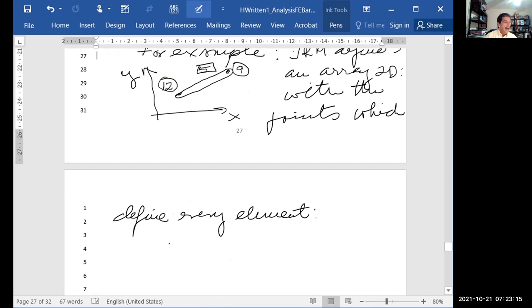For example, I call this array ij. So this is the array ij, and this array gives me the number of the joints of every element.